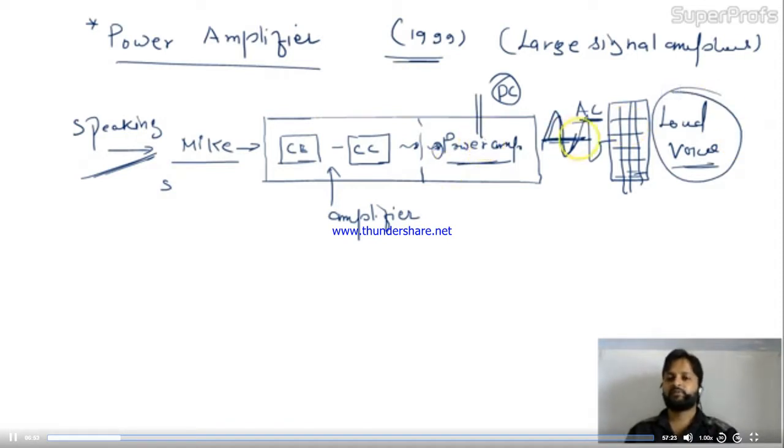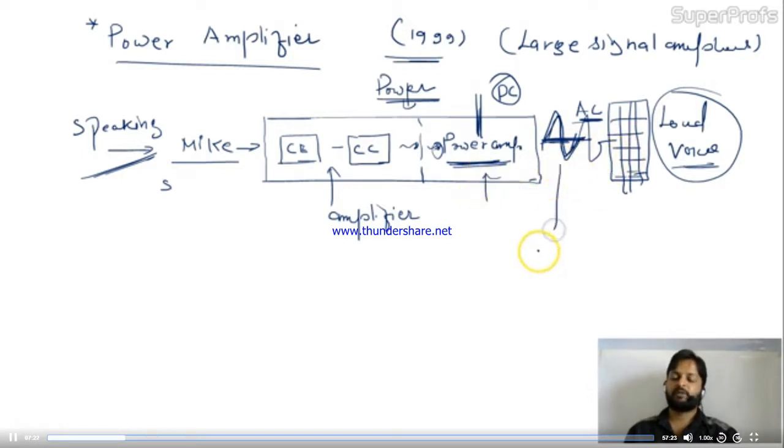Okay friends, so this entire thing we can consider the power amplifier. Here the signal, in this stage, the power amplifier will amplify again, or I can say increase the power.